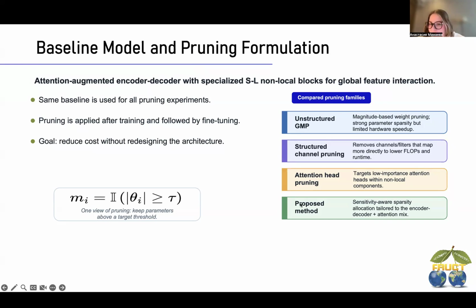We compare several pruning approaches. First, global magnitude pruning, which is unstructured and removes weights with small magnitude. Second, structured channel pruning, which is more suitable for real hardware. Third, attention head pruning, which focuses on the attention part of the model. And finally, our proposed sensitivity-aware pruning strategy, which is designed specially for this architecture.